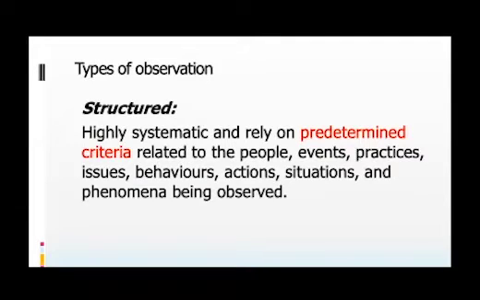These are the things that you would want to observe, and it could be related to people, events, practices, issues, behaviors, actions, situations, and phenomena that you want to observe. But of course, this predetermined criteria should be based on the objectives of your study.